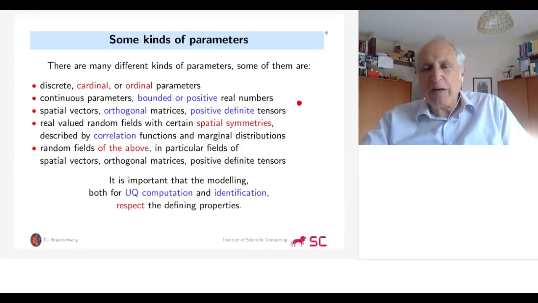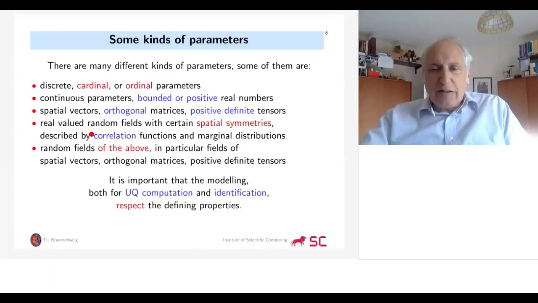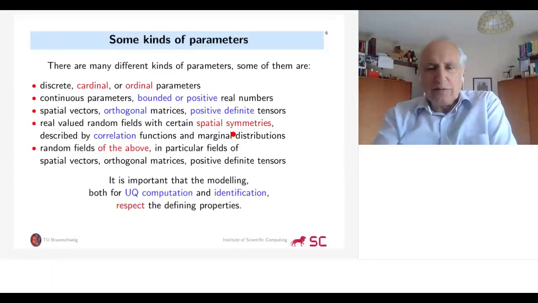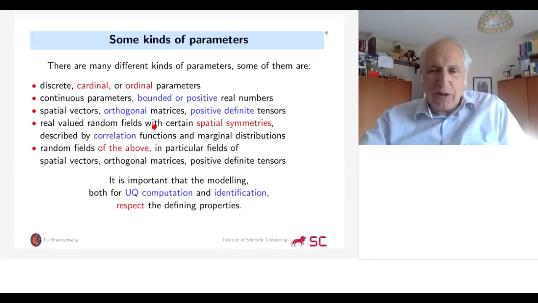So the kappa, we always modeled as a scalar, but really it would be a little positive definite tensor at each point in the field. And we want real-valued fields. So we're going to talk about real-valued fields with certain symmetries, describing correlation functions and marginal distributions. So these are the kinds of parameters. I will be talking about this more tomorrow, basically how we do this.